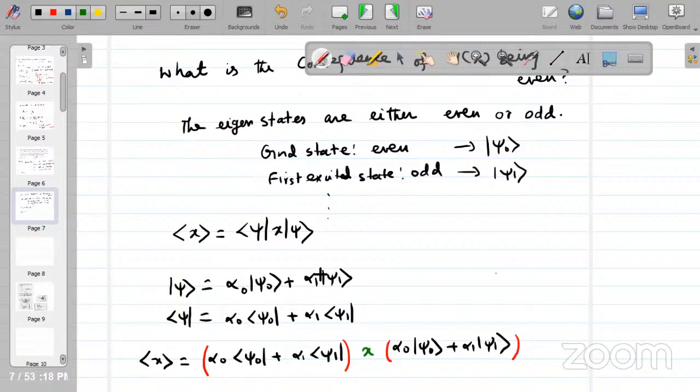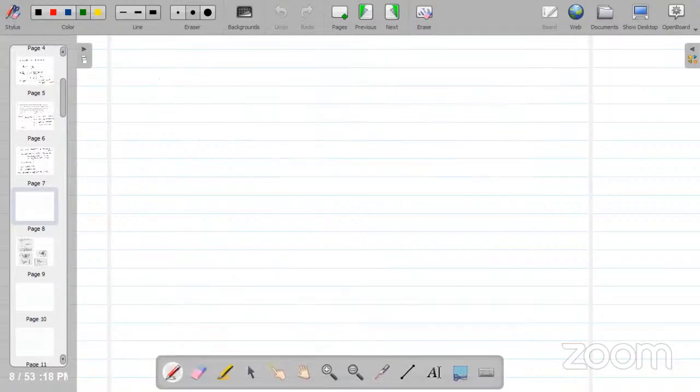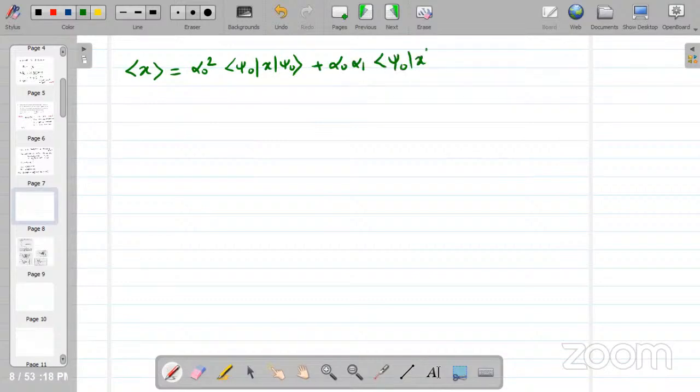The result is alpha naught square psi naught x psi naught, plus alpha naught alpha 1 psi naught x psi 1, plus alpha 1 alpha naught psi 1 x psi naught, plus alpha 1 square psi 1 x psi 1.